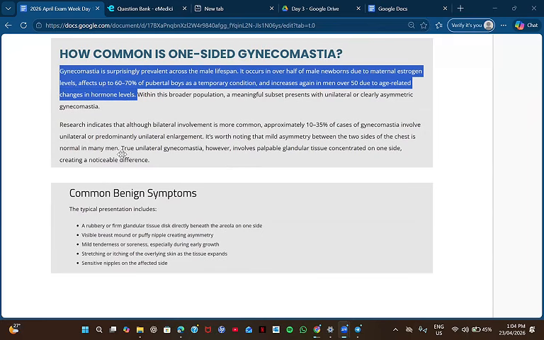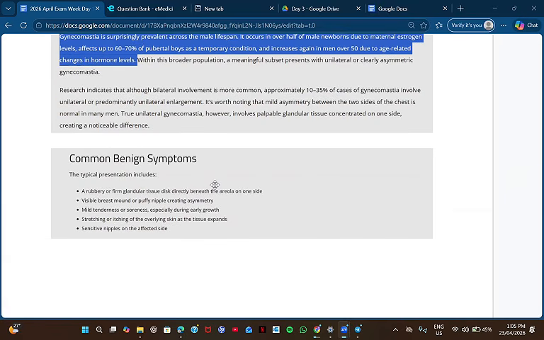True unilateral gynecomastia, however, involves palpable glandular tissue concentrated on one side, creating a noticeable difference. Because if it is one-sided gynecomastia, we have to think about tumor, about cancer. So what are the common benign symptoms?